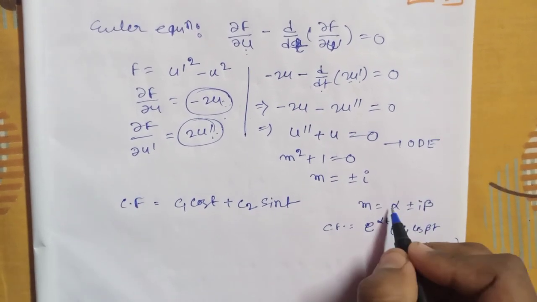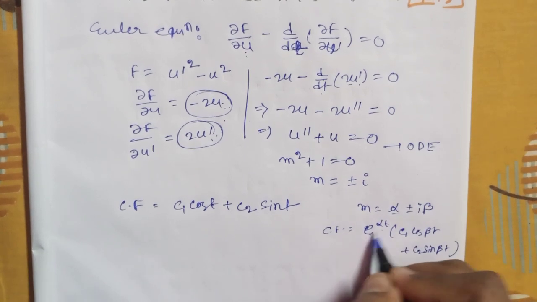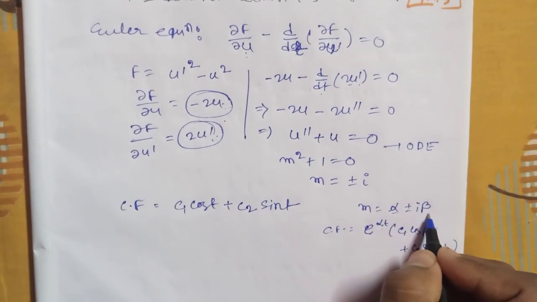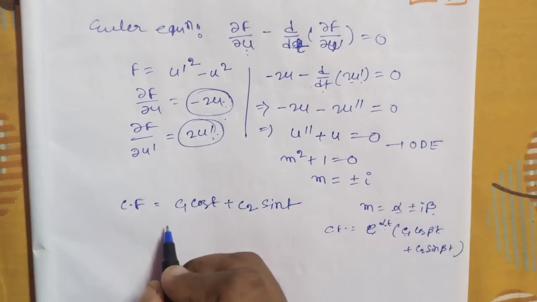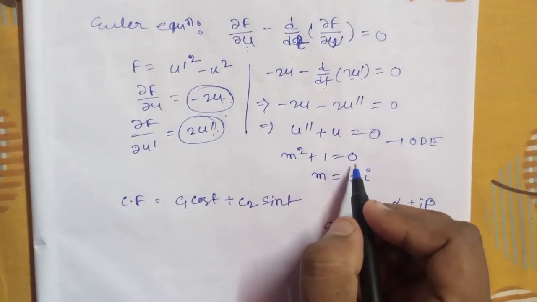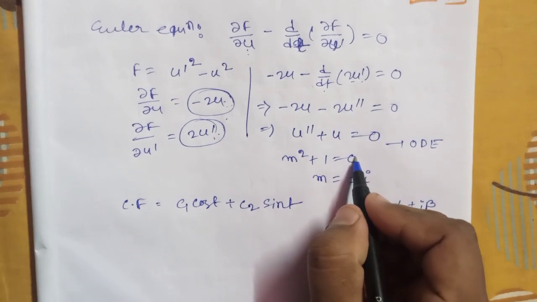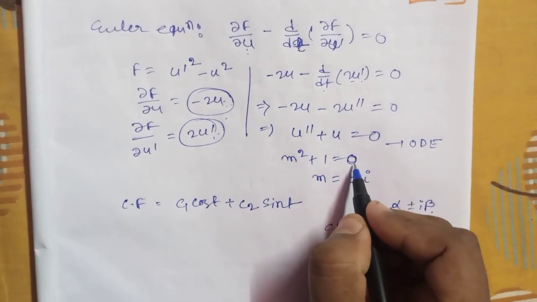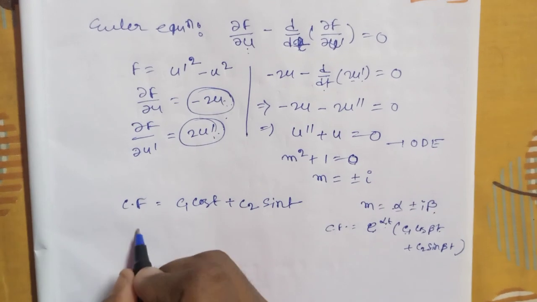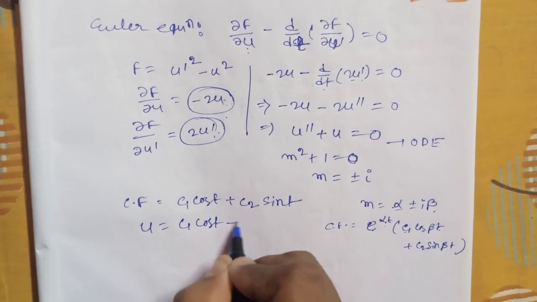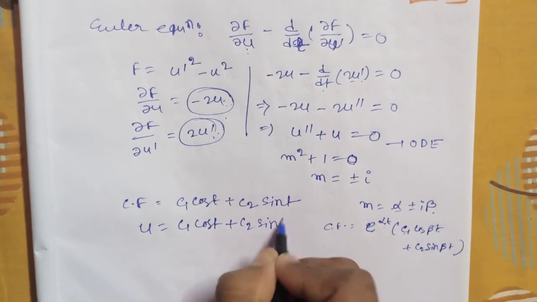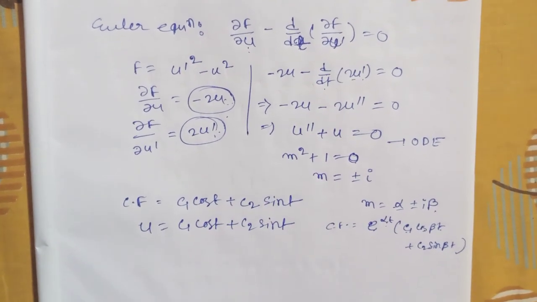Here alpha is 0, so e to the power of 0 is 1, and beta is 1, so C1 cos t plus C2 sin t. This is our CF, and since the non-homogeneous part is 0, there is no PI, so u equal to C1 cos t plus C2 sin t, right?